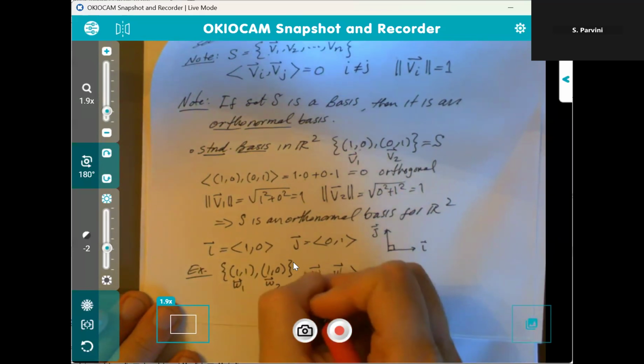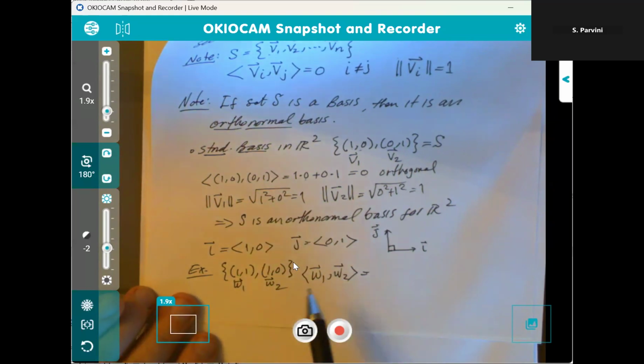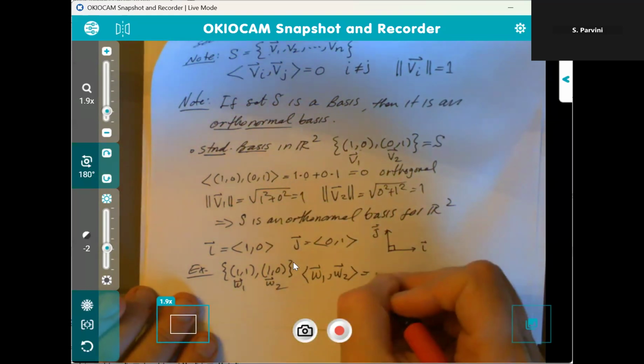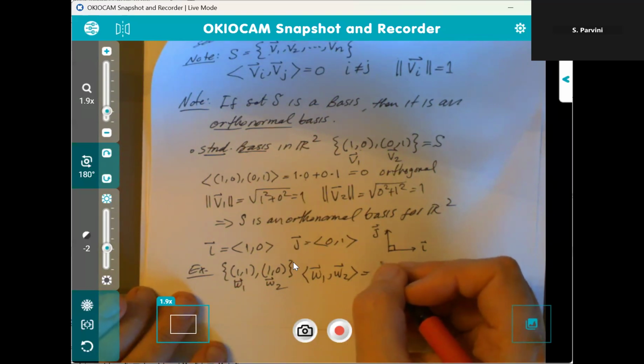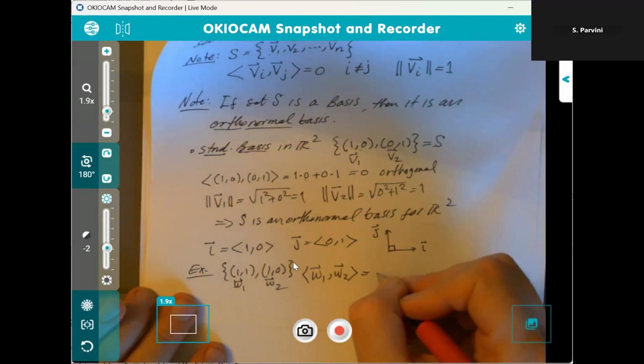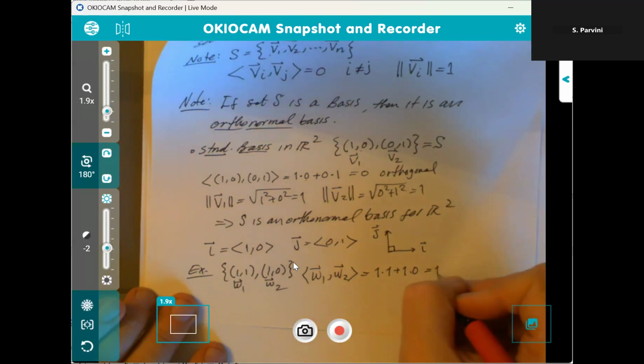The inner product in this case is going to be the dot product of 1, 1 with 1, 0. So it's 1 times 1 plus 1 times 0. That's going to be 1.